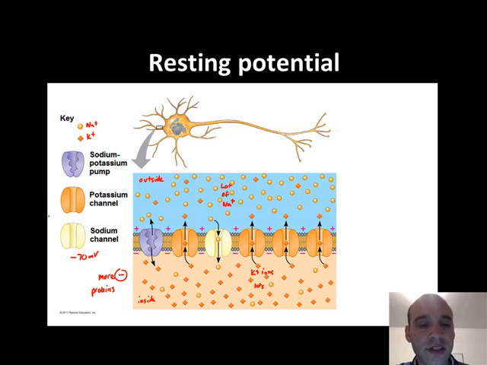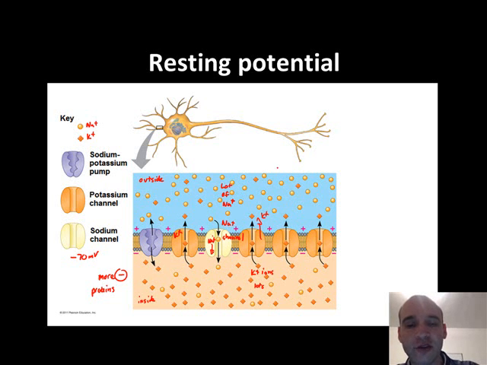What we're also seeing at this point is that you have these sodium channels, here's the sodium channel, and you also have potassium channels. In this case, the sodium channels are allowing very little sodium in, so there's very little movement of positive sodium ions into the cell, but there's actually more movement of the potassium ions out.